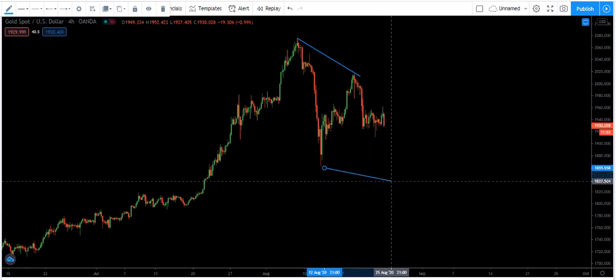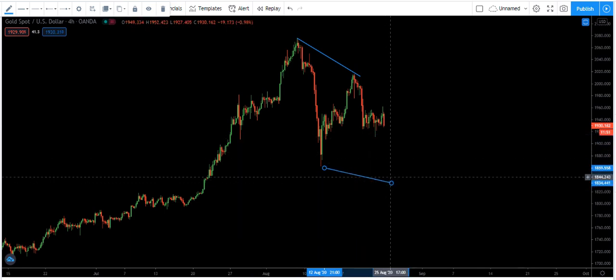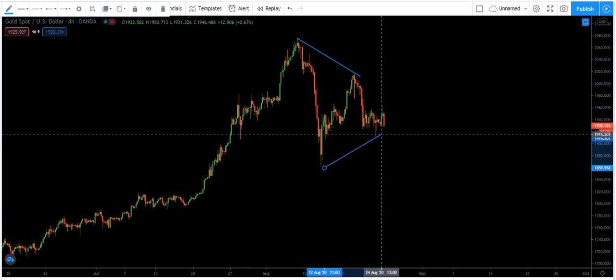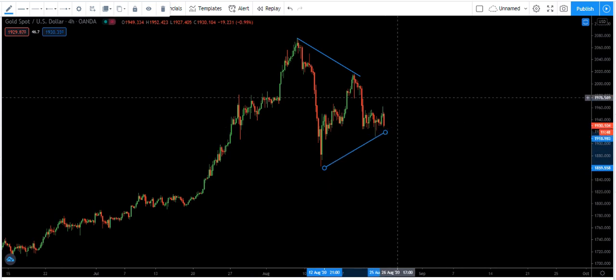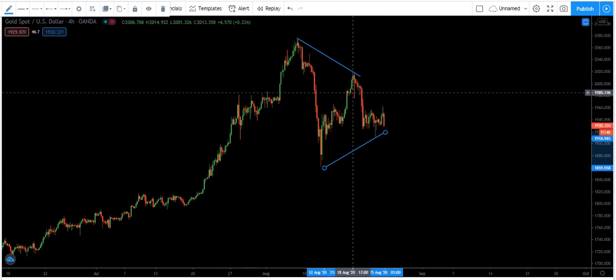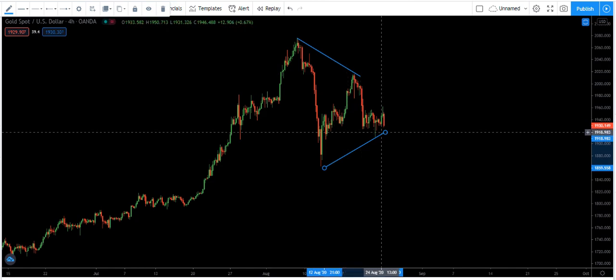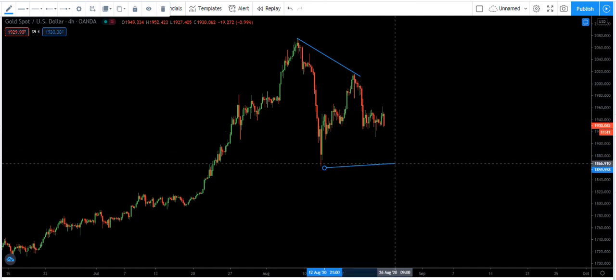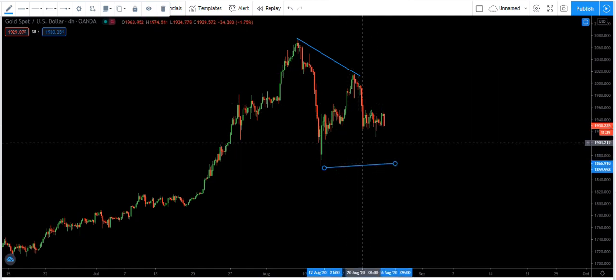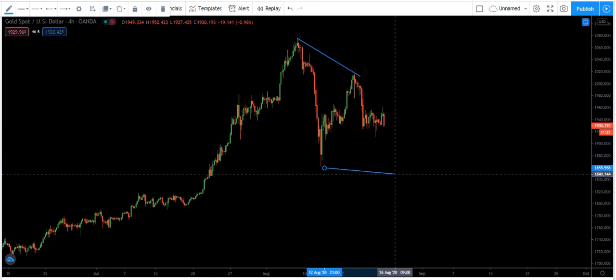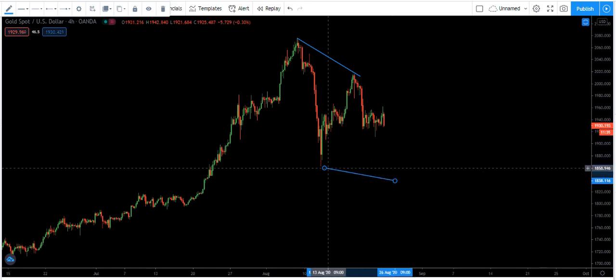But if it comes to this level, and the price reverses from here, the flat we have, we call it a different name. Whether it comes to this level or this level, it is similar to what we have right now. But if the price breaks this low, that means the type of the flat will be different.